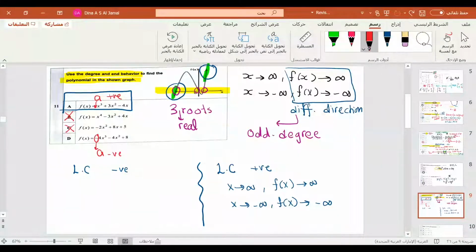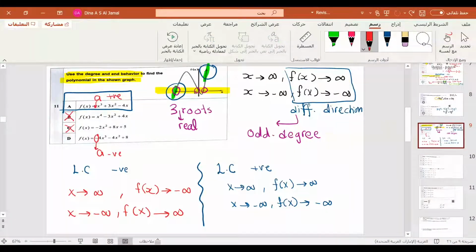But what will happen when it is negative? It will be flipped. As x goes to infinity, f of x will go to minus infinity. As x goes to minus infinity, f of x will be infinity. And you can read the article that I will be putting the link for you about the effect of the leading coefficient on the end behavior.